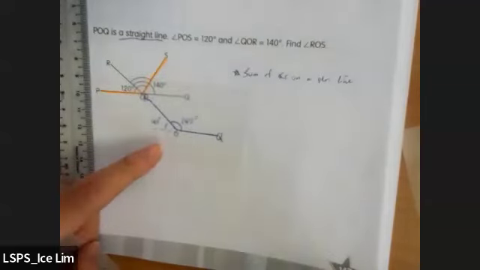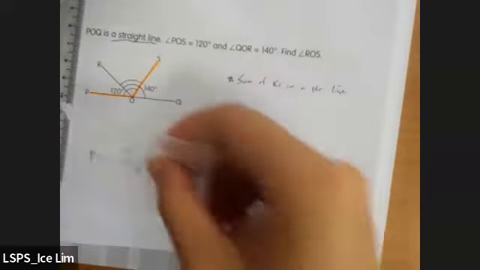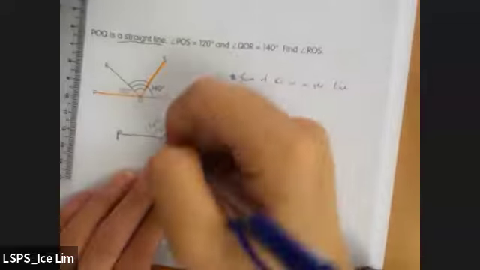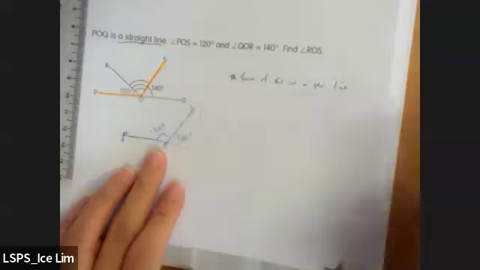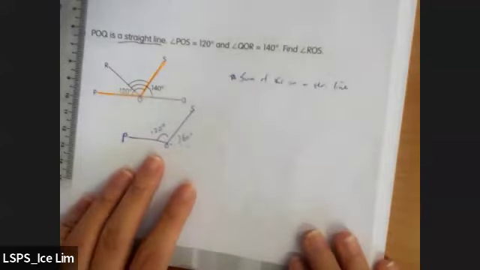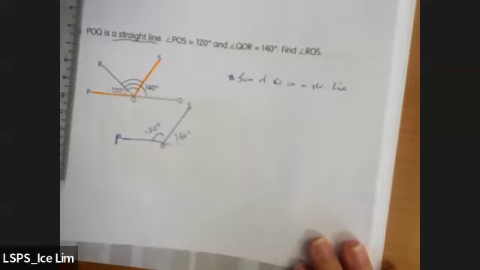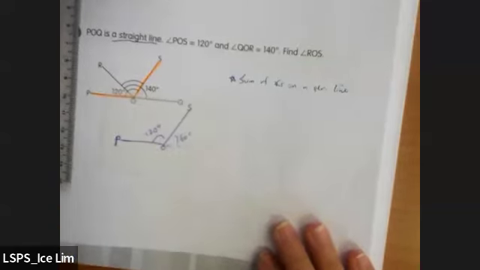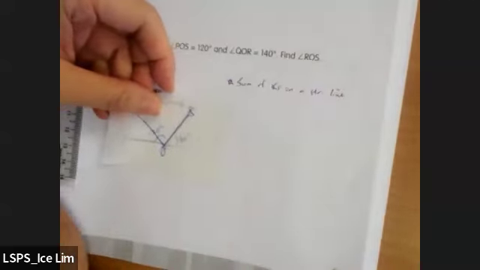That's not the answer. If I take 180 minus 120, I get 60 here. Is this the answer for ROS? Also not. Then how? I need this angle, which is one part of here, and at the same time also one part of here.